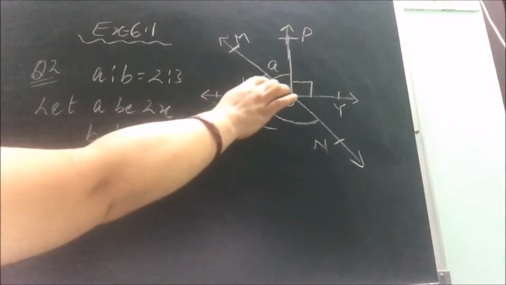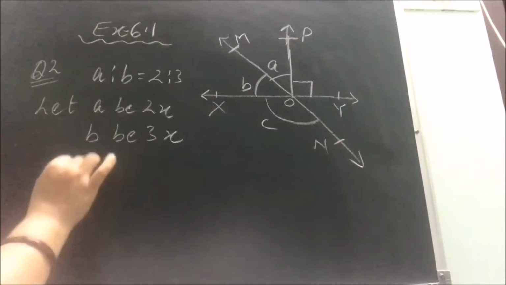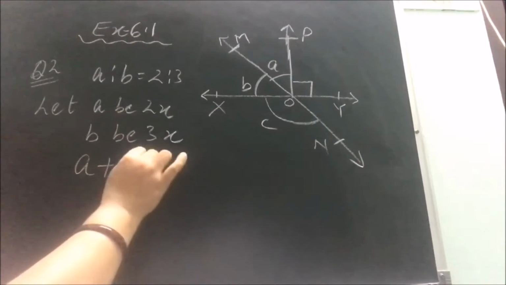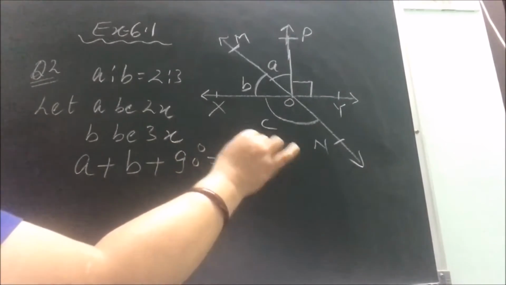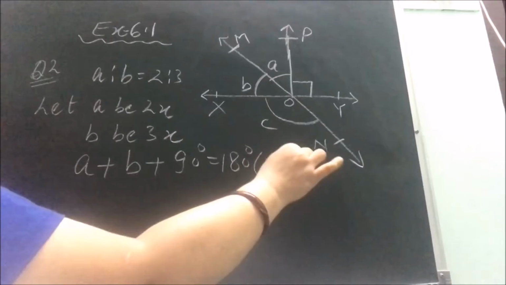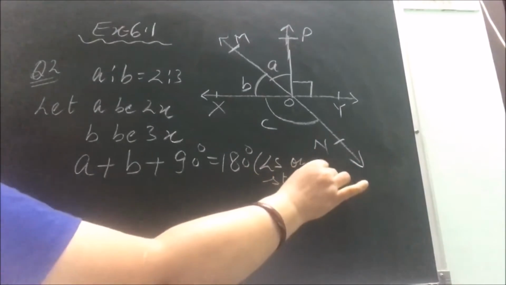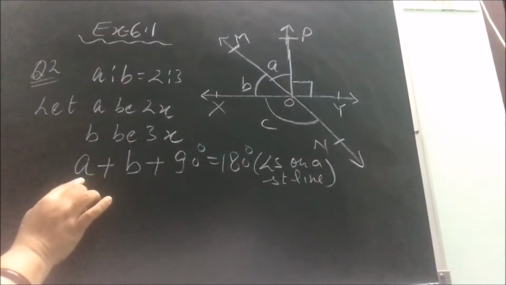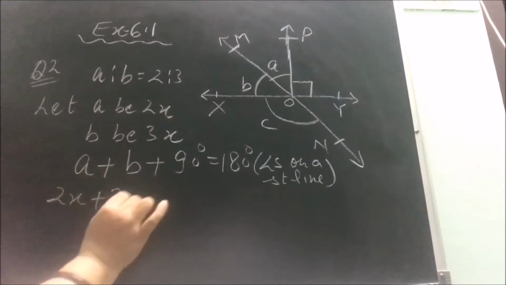So see, A, B and this 90 degrees make a straight angle. So we can write A plus B plus 90 degrees is equal to 180 degrees. Angles on a straight line. A is 2x and B is replaced by 3x.